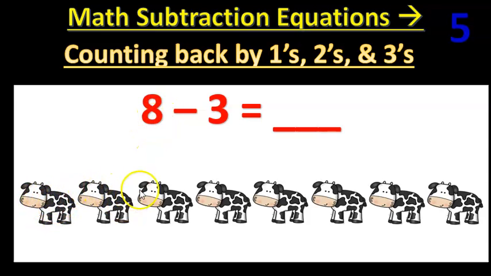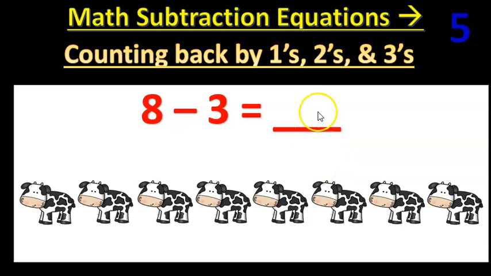Now, look at these photos down here. There are 8 cows. 8 cows represent number 8. Now it says minus 3, okay? So, 3 cows gotta be taken out of here.